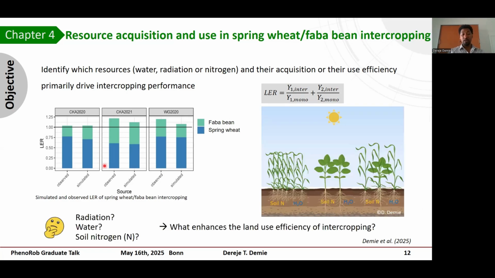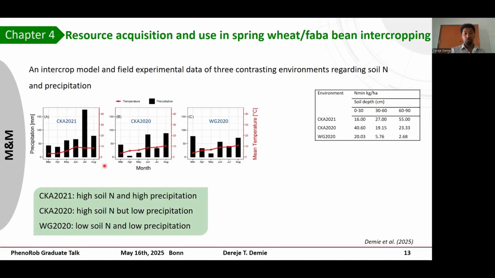Therefore, the main question is whether it is radiation, water, or soil nitrogen that enhances land use efficiency in intercropping. So we used the intercrop model with field experiment data from three contrasting environments to identify which resources. These environments are fortunately contrasting in those resources.